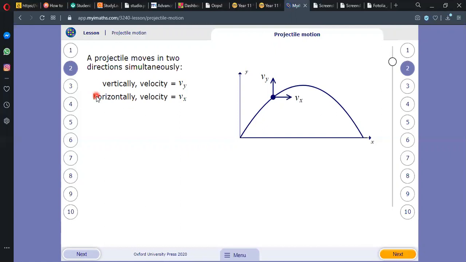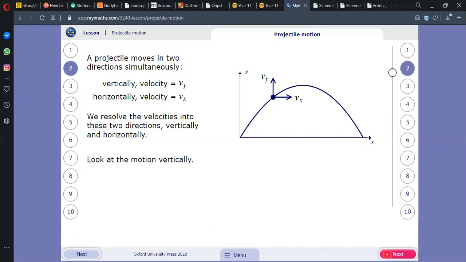It also moves horizontally. So there is a horizontal velocity, which is Vx. You can see that here in this direction. Also, we resolve the velocities into these two directions, vertically and horizontally.